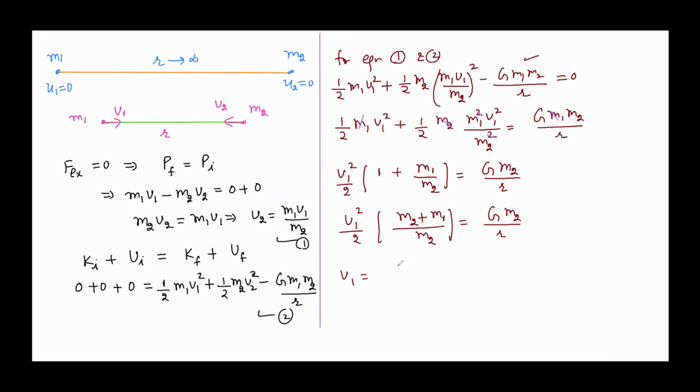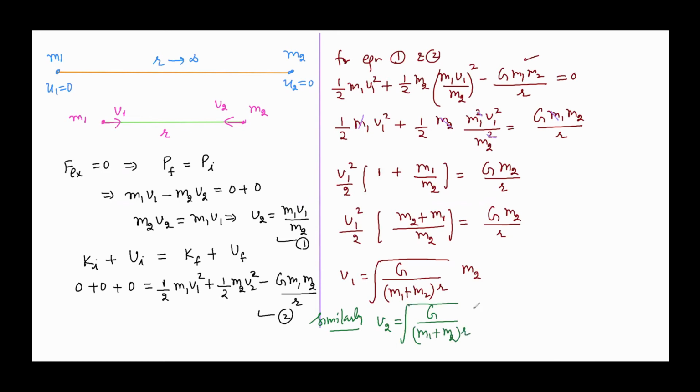You take it on the right hand side, it is G upon (m1 plus m2) into r. If I take the root, it will be root, m2 square root will be m2. Similarly, I can calculate v2 also. So when I'm calculating v1, here I have m2. When I will calculate v2, it will be G over (m1 plus m2) r under the root, m1.